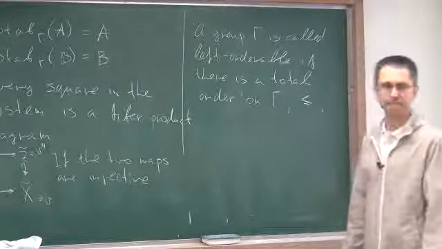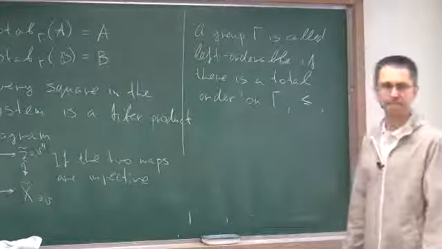So an easy example would be, so what's the easiest non-trivial example of a left orderable group? Integers, right? The set of integers, Z, is orderable. That should be reasonably clear, right? With the addition operation instead of multiplication, Z is orderable.